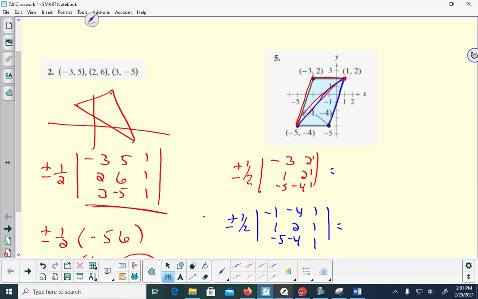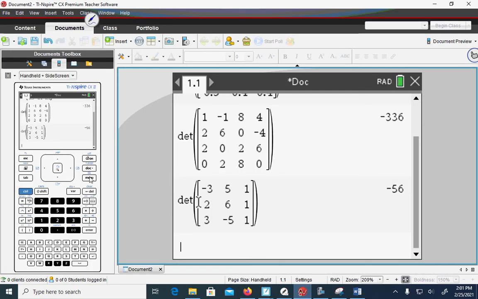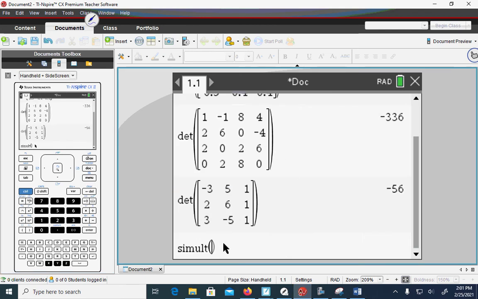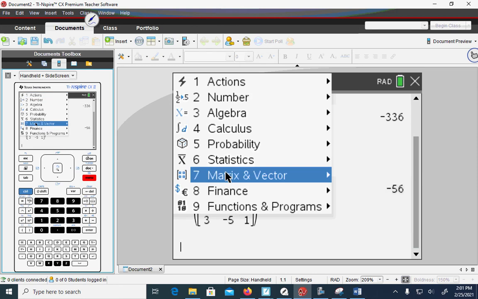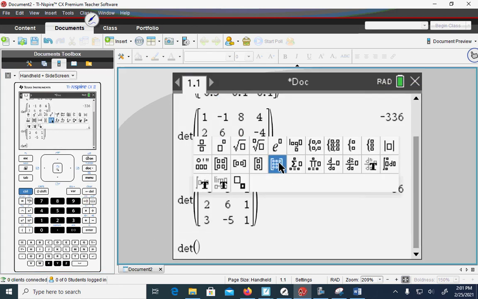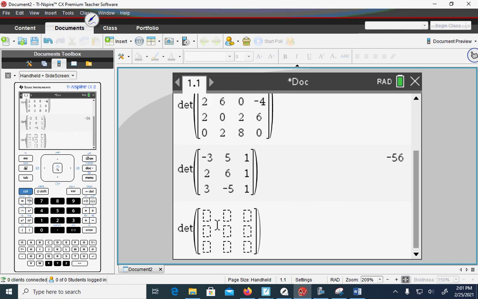I am doing the red one first, so I'm going to hit menu, vectors, determinant, again 3 by 3, so that's good. And then I'm doing those first ordered pairs. Now if you did the triangles the other way, you're still going to get the same final answer. You're just going to have a different workflow because your partial areas will be slightly different.